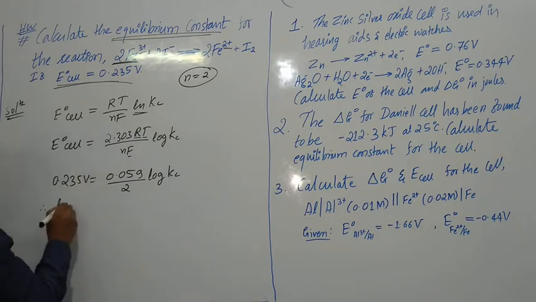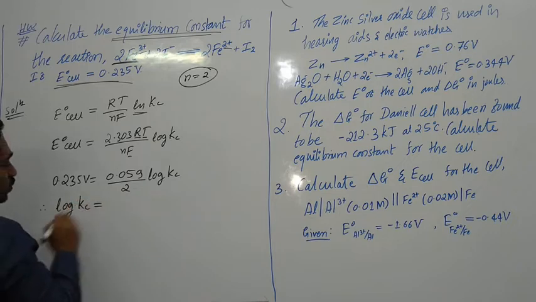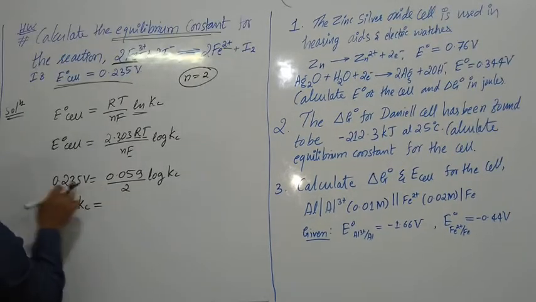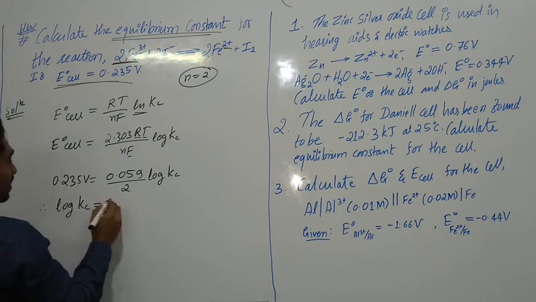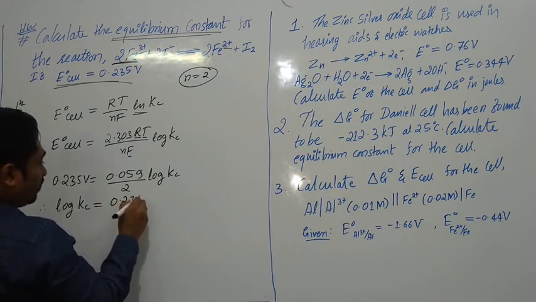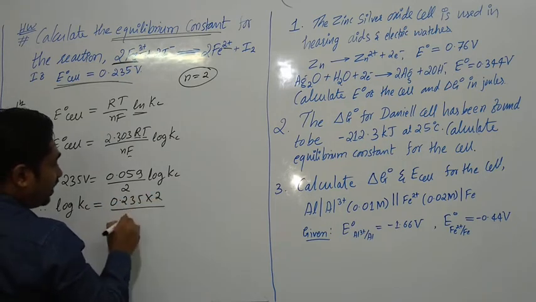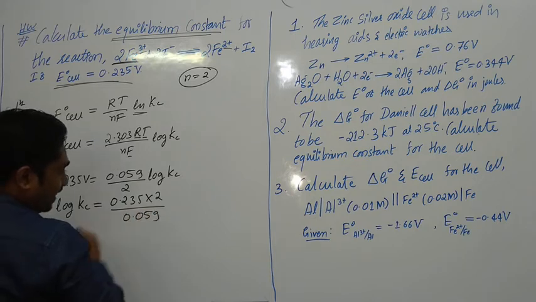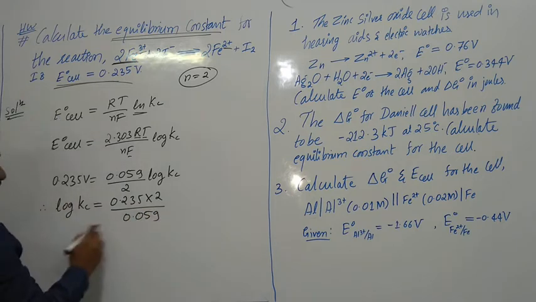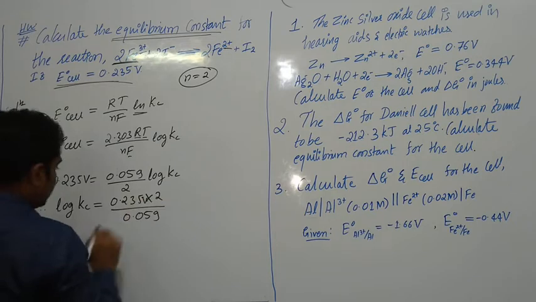Now therefore log of Kc is equal to 0.235 into 2 divided by 0.059, this term comes here and is multiplied.